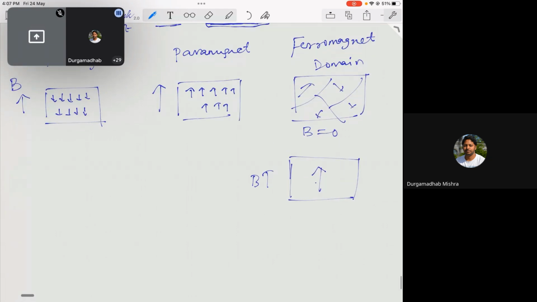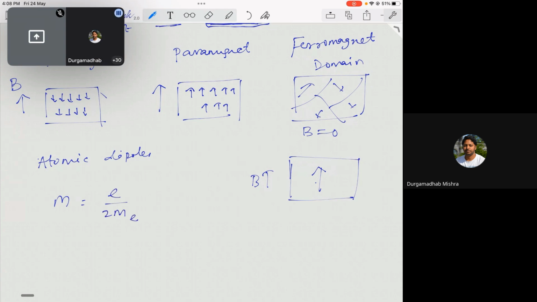Now how do we quantify this relation between B and this dipole moment that we are looking at? These are all due to the origin of this tiny dipole moment. These are due to atomic dipoles, which we write as M instead of mu.